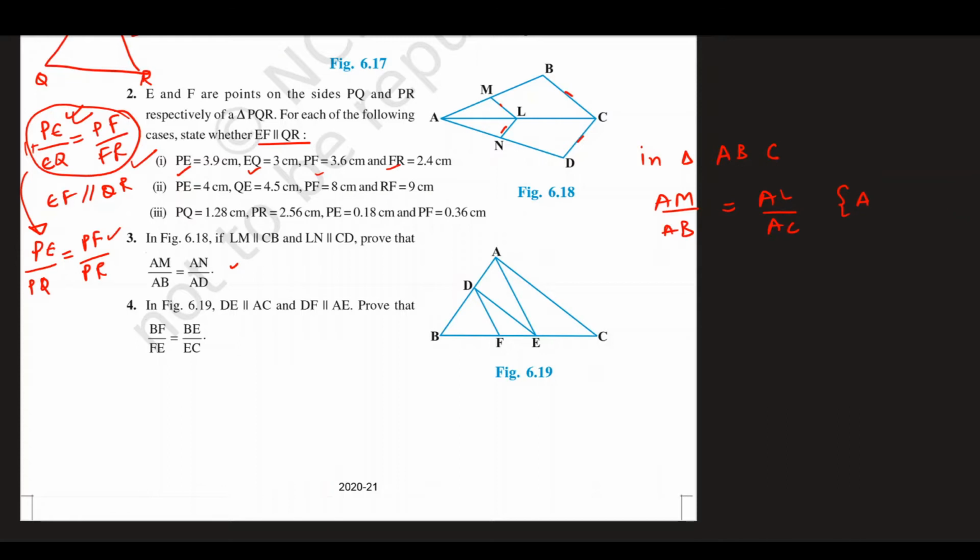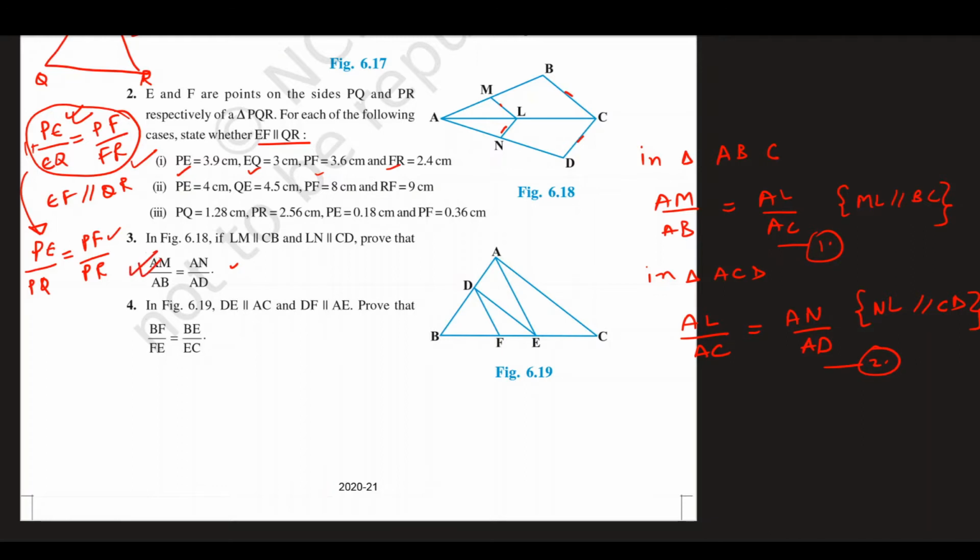Because we have ML parallel to BC. And in triangle ACD we have AL upon AC is equal to AN upon AD. Why? Because NL is parallel to CD. Now from this equation number 1 and this equation number 2 we get this result.